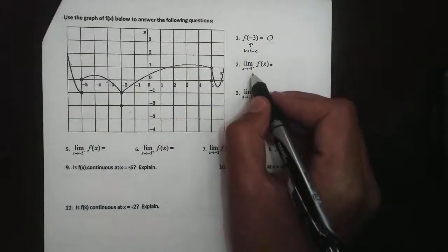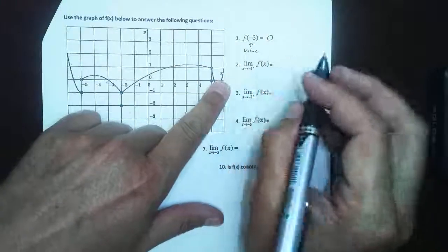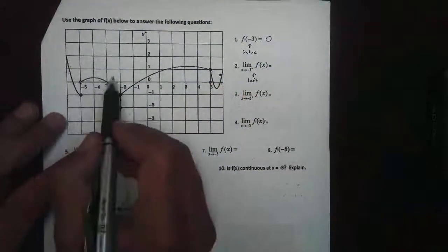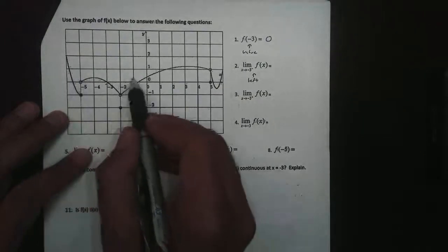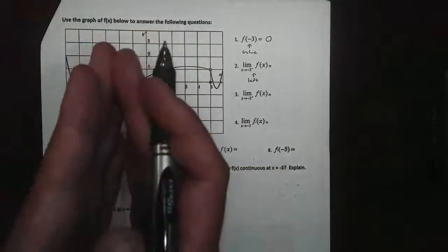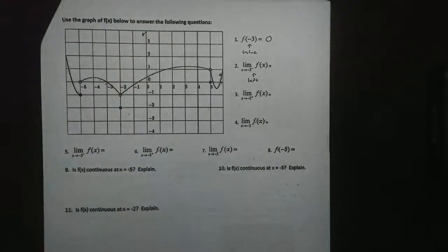Now, the next question says, what is the limit as x approaches negative 3 from the left? Remember, this is from the left. It's asking if we approach negative 3 from the left side. Don't worry about over here. Remember, limits are really close. If we're talking negative 3, we're talking negative 3.000000001.